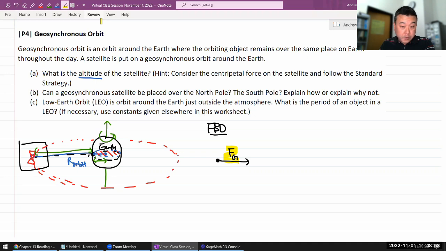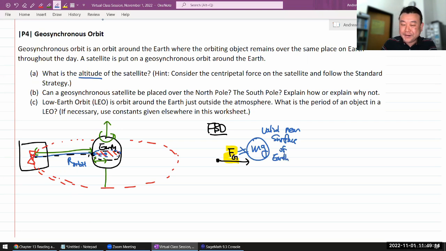The mistake to make sure to avoid is to use our usual formula of mg. This is what's valid near the surface of Earth, and this is nowhere near the surface of Earth. So we've got to use the full version of gravitational force that we introduced this week.